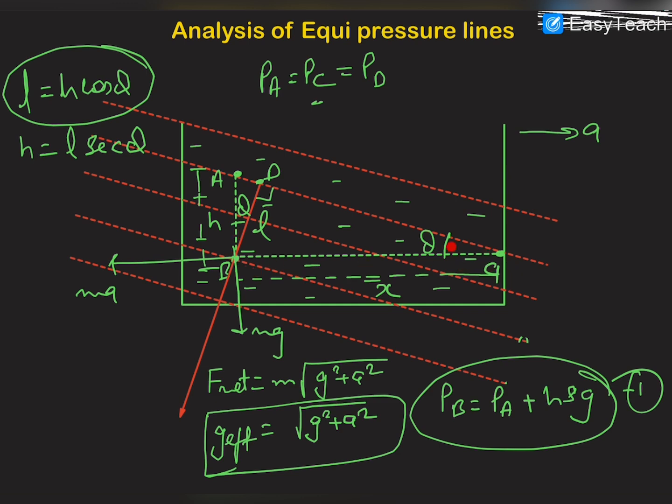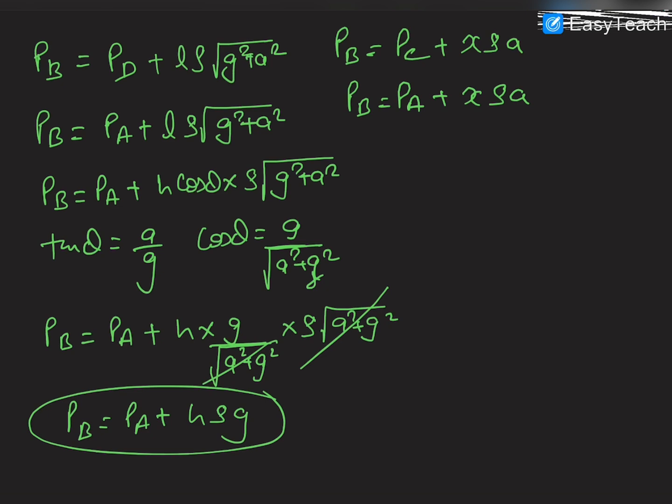And we can say that in this bigger triangle, tan theta is equal to h by x. So I will be writing down tan theta as h by x. Okay, and obviously tan theta is equal to a by g. So I'll be writing the value of x as h by tan theta and the value of a as g tan theta.